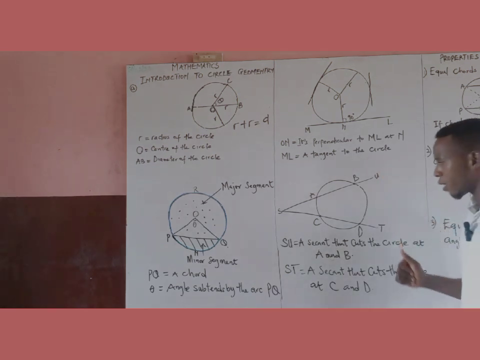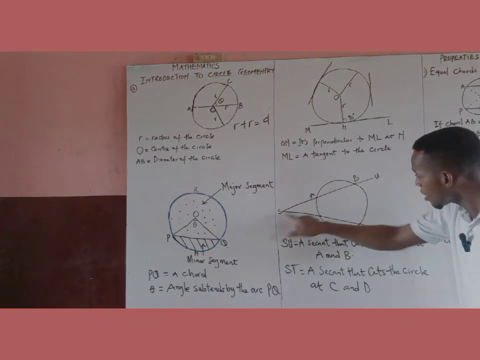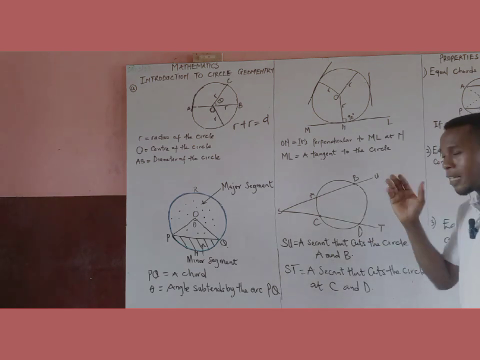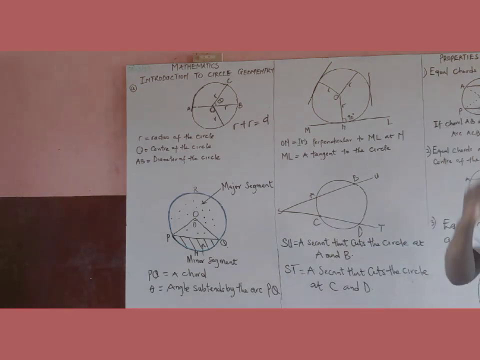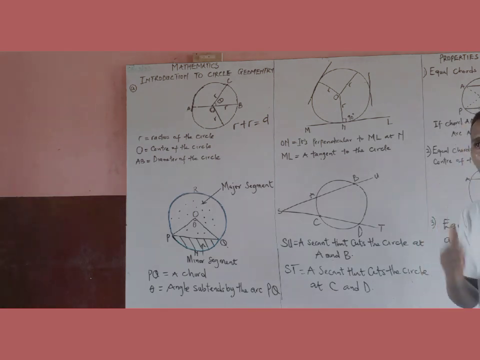Now, let's see another one, the secants. The line SU is the secant. A secant is simply a straight line that cuts the circle at two points.